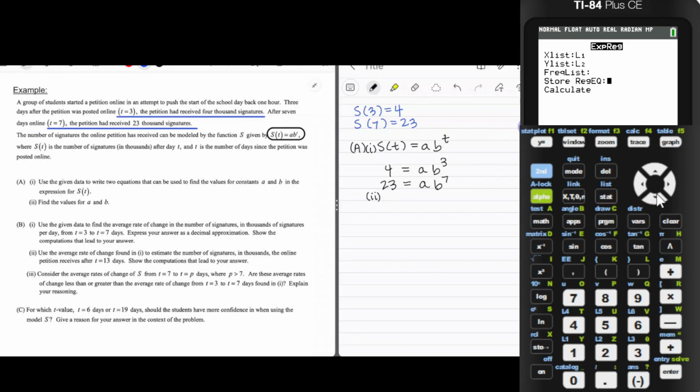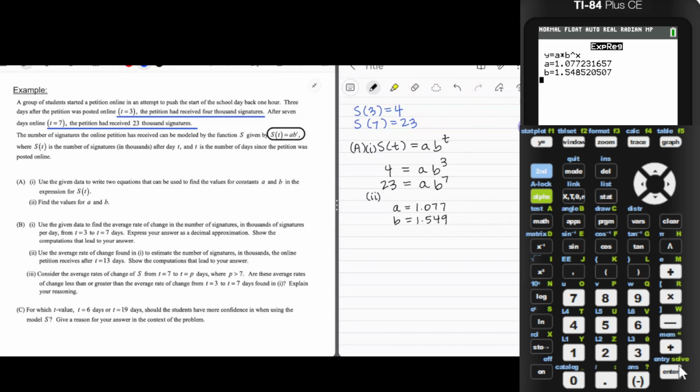X list, Y list, no frequency list, never a frequency list in AP Precalculus. I'm going to store my regression equation just in case I need to use it later, and then I'm going to calculate. Okay, so then it's just going to give me the values of A and B, and I think this is going to be the way to go. So A is 1.077, and B is going to equal 1.548 or 1.549.